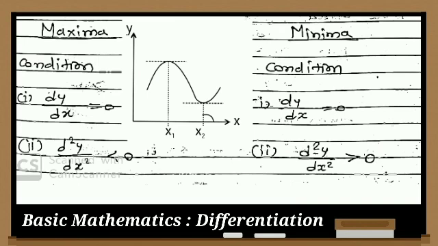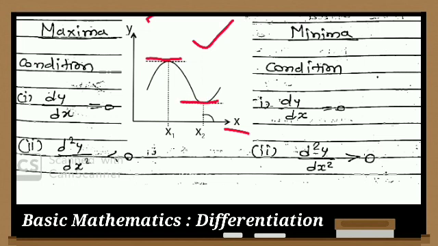Then the conditions of maxima and minima will give the maximum and minimum values. So let's start. There is a graph you can see here. This is the x-axis and this is the y-axis, and the maximum value at x1 is here and the minimum value at x2 is here.